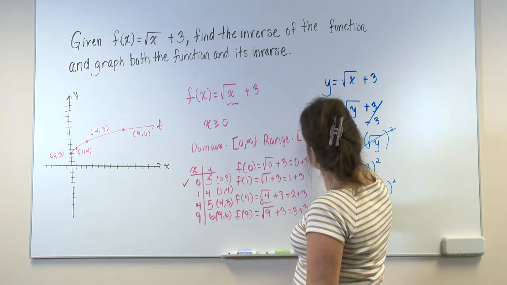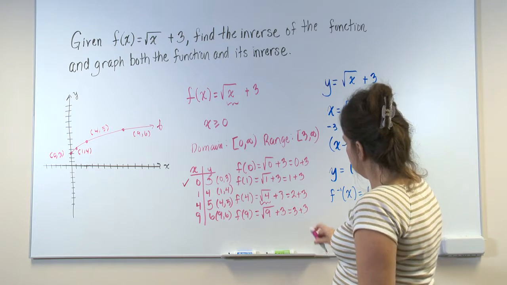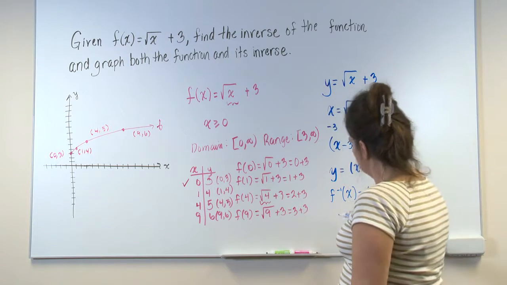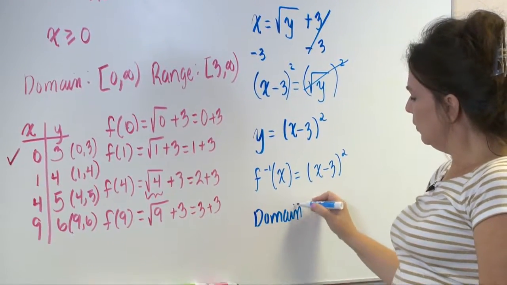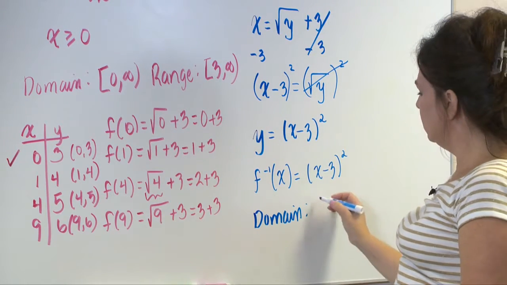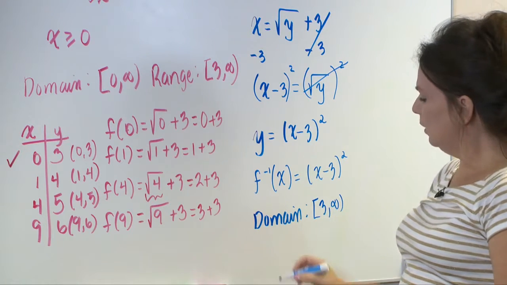So the range is 3 to infinity. Which means if I come over here to my inverse function, the domain of the inverse function is the range of what I had for f of x. So the domain is 3 to infinity.